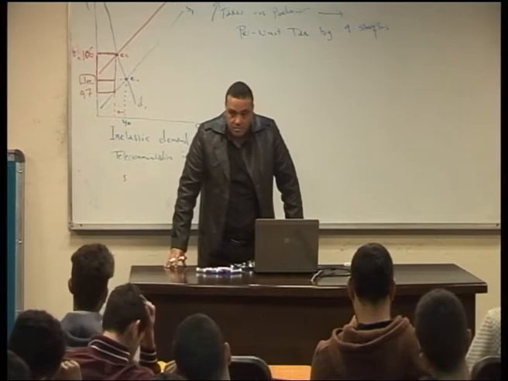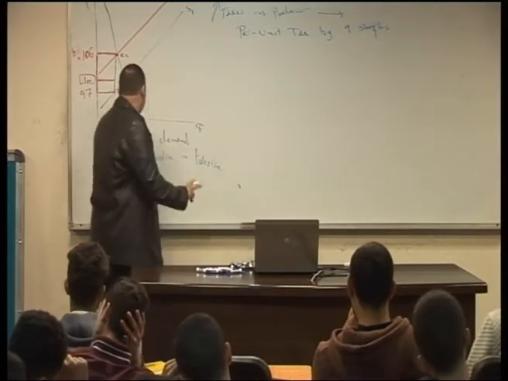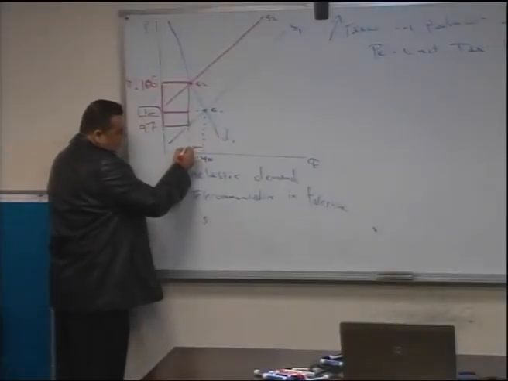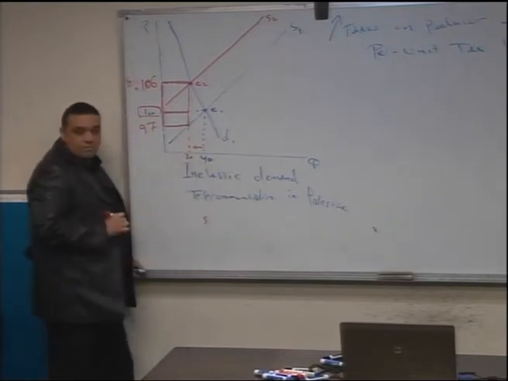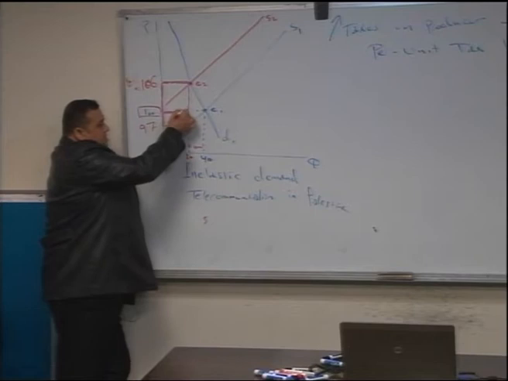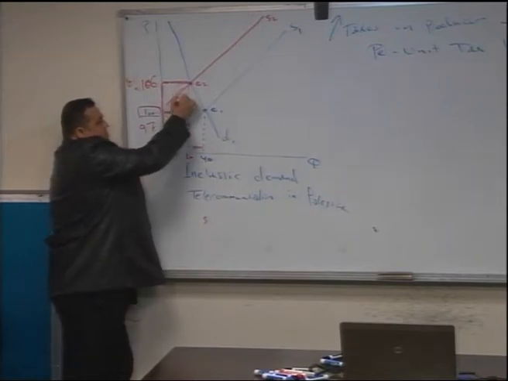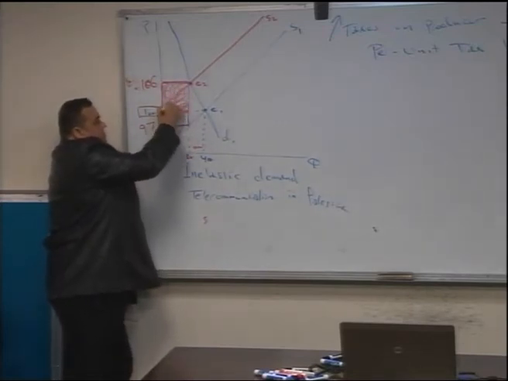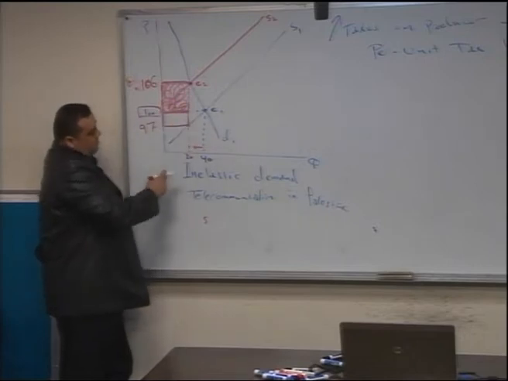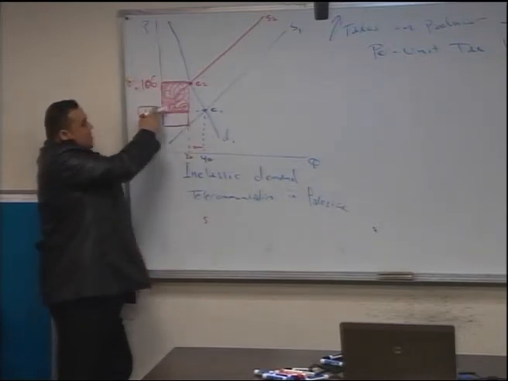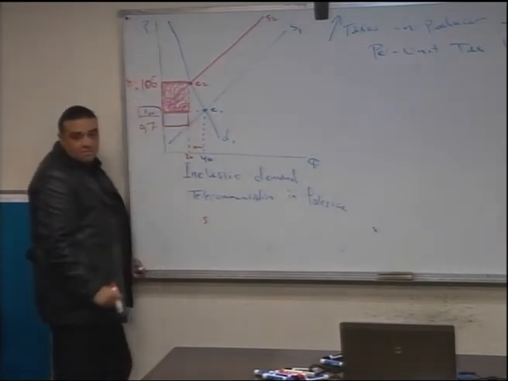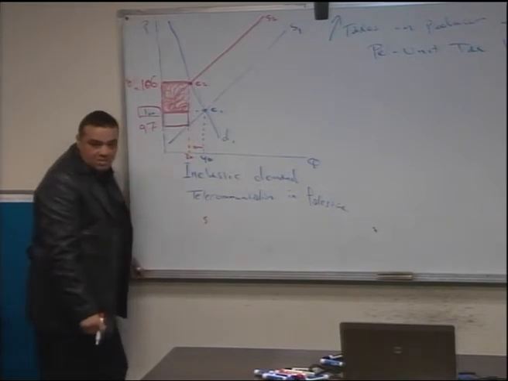Tamam? Okay guys? Then let us assume that the quantity declined to 30. How much is the consumer share of tax burden? The consumer share equals 106 minus 100 times 30. This is the consumer's share of tax burden.